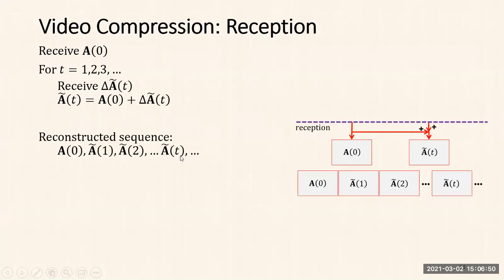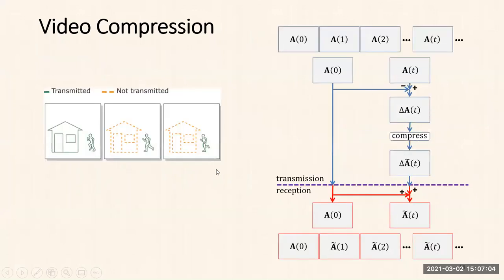All these images will be of slightly inferior quality, but the difference will not be perceptible if the compression is done the right way. This is the first transmitted image. This is the whole schematic: an image of a still house and some person who's running towards the house.